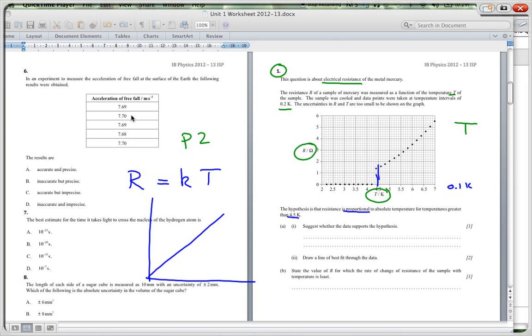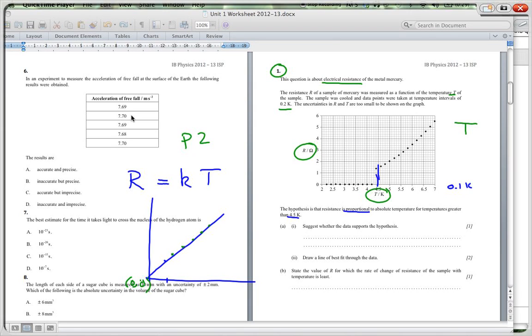So you would be starting at 4.5 and getting these values over here, and they should be forming a straight line, and it should go through the 0, 0 point.